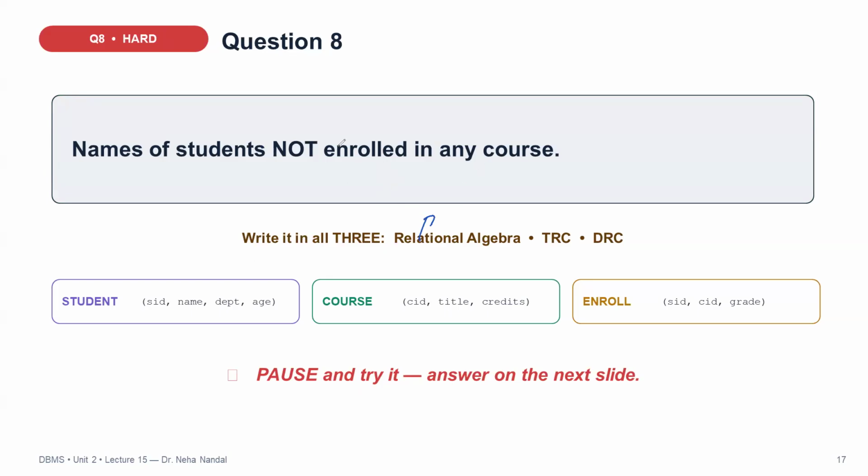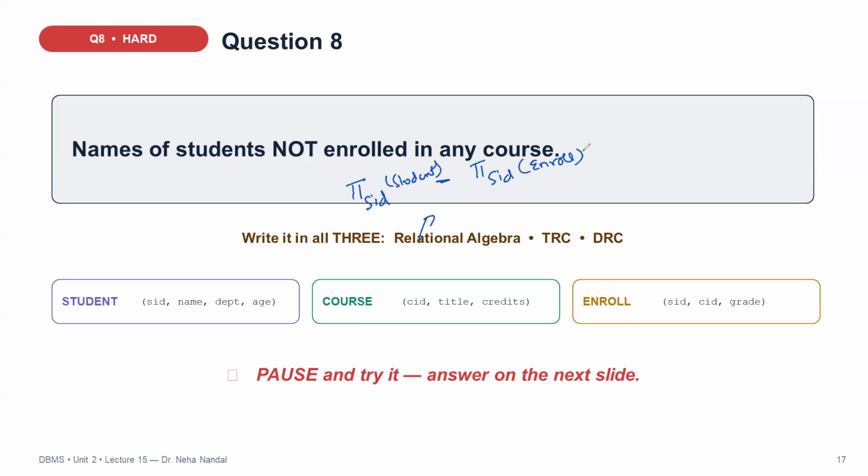Okay. So what will you do? First you have to perform the set difference operation, minus. First you will perform the minus operation on SIDs of student minus SIDs of enroll.